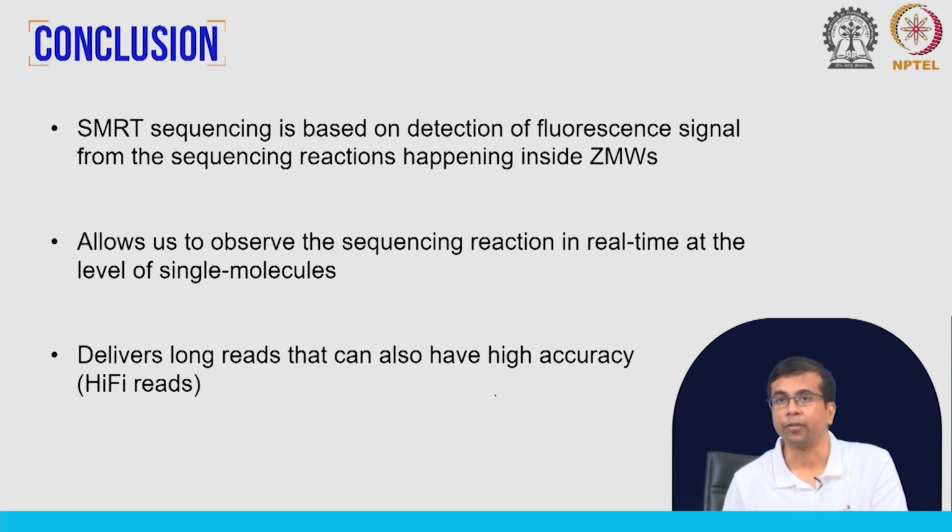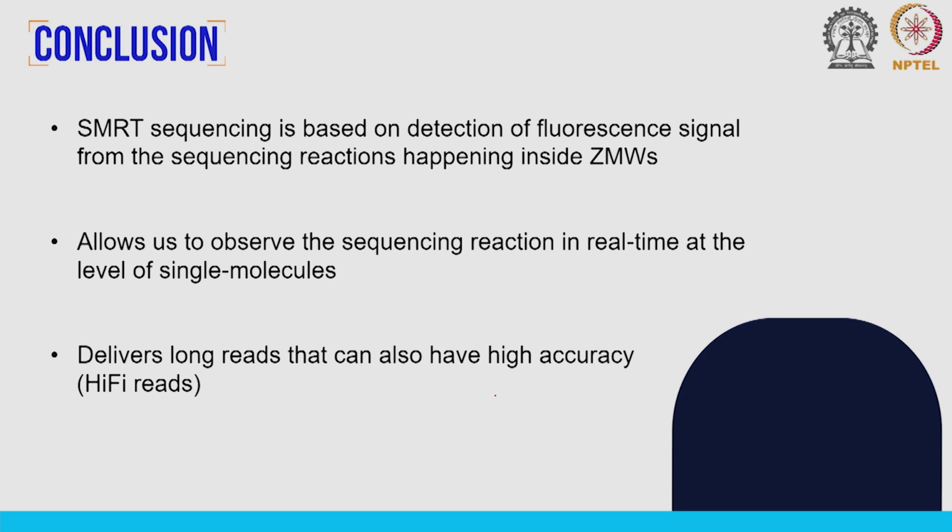We also introduced that the original long read sequencing has a very high error rate, whereas the circular consensus reads, the CCS reads, deliver long read data with high accuracy. These are called hi-fi reads, or high fidelity reads, and they will have very important applications in genome analysis.